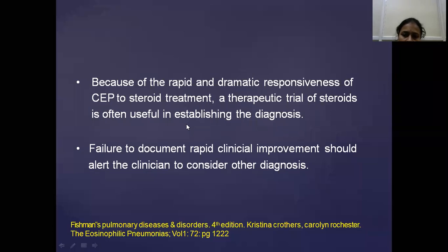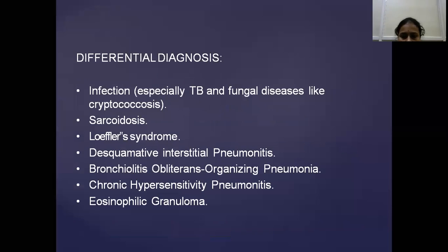So we have to give steroids first. If the symptoms resolve, then we suspect chronic eosinophilic pneumonia in patients with a chronic duration of symptoms, with all those clinical features without any underlying etiology. Failure to document rapid clinical improvement should alert the clinician to consider other diagnoses.